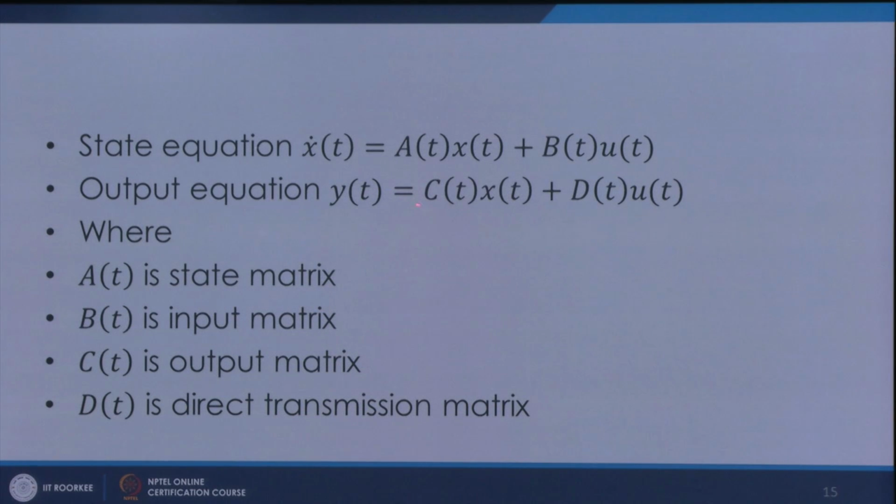The C(t) matrix is multiplied with the x(t) vector, so we call it the output matrix, and the D(t) matrix is multiplied with the input vector u(t), so we call it the direct transmission matrix.